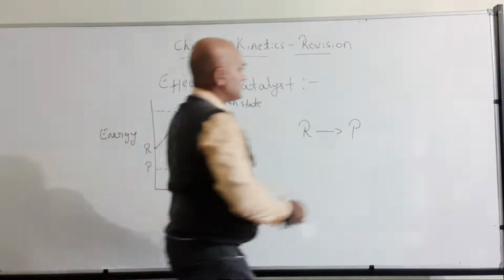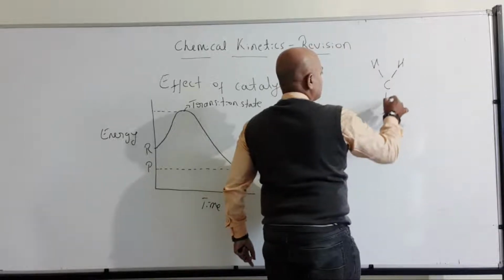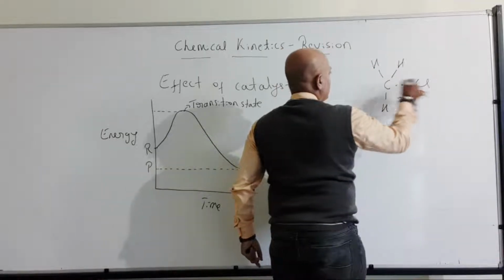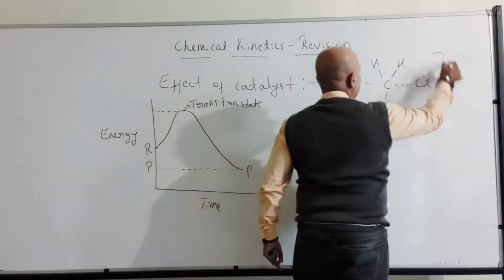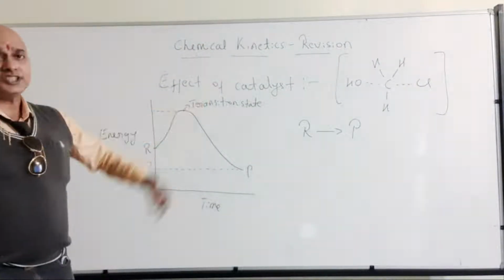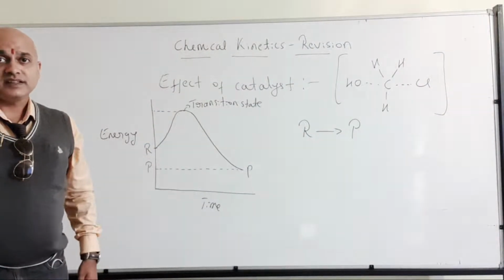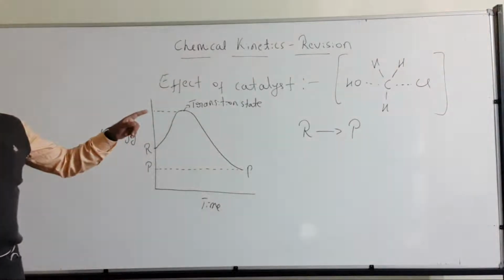If you recollect, you used to write the transition state like this: dotted line for chlorine, dotted line for OH, and we used to write that in a square bracket to make it very clear that it is a transition state, a temporary state. Got my point?